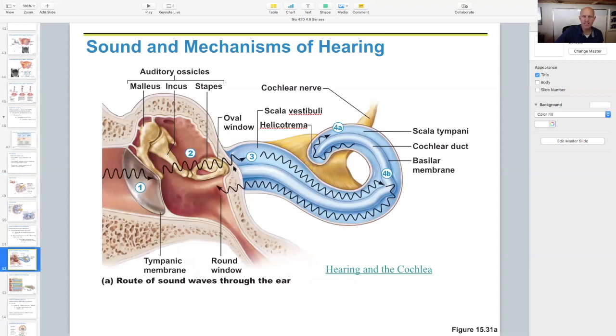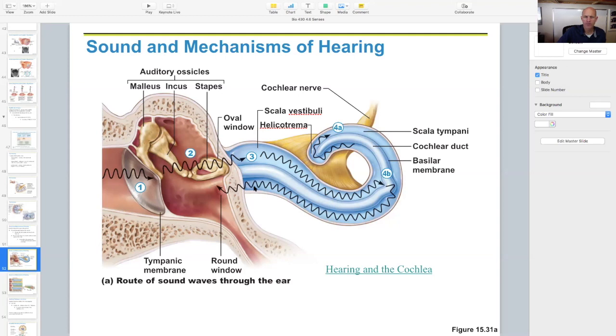You can see this scala vestibuli and the scala tympani, they're on opposite sides of each other, but they will eventually connect at this very top portion through here. They actually connect at one point. Both of these are filled with perilymph. So this is all perilymph.